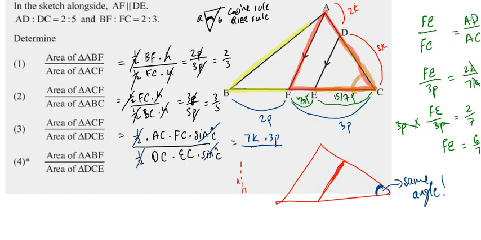What about DC? DC, we know that it is 5k. And then what about EC? We know that EC was 15 over 7p. So because of that, what will happen? Easy stuff. P cancels P, K cancels K. Then you put the rest in your calculator. You put 7 multiplied by 3 divided by 5 multiplied by 15 over 7. Then you get your ratio.